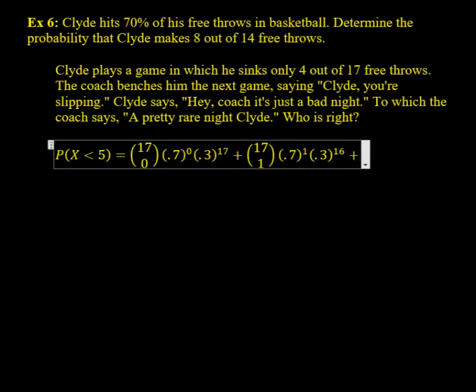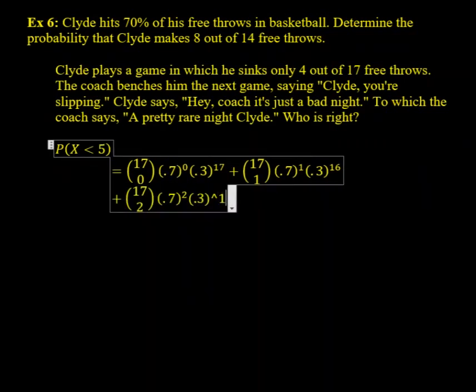Plus 17 choose 2. So we'll have our 0.7 squared now, making 2 shots, times 0.3 to the 15th. Plus 17 choose 3, times 0.7 cubed times 0.3 to the 14th.